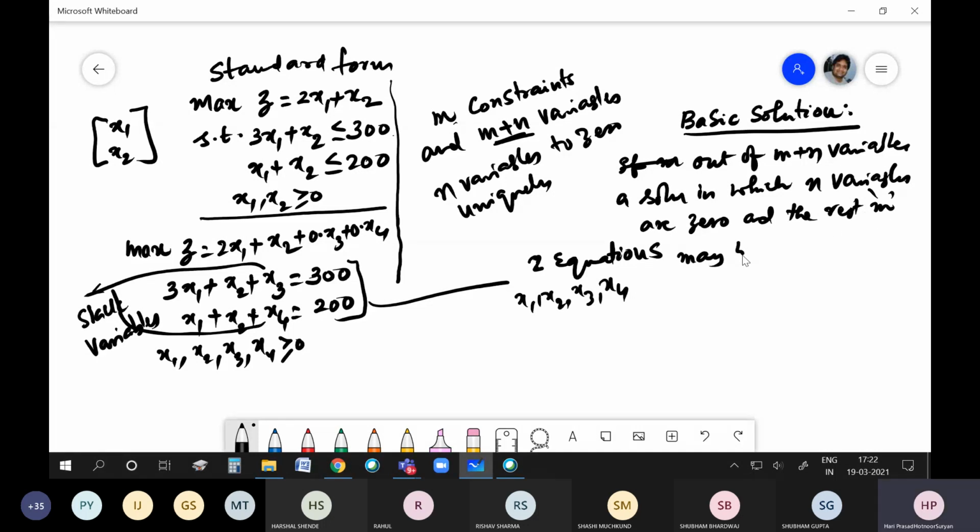Even those may be 0, but we will see what happens if one of these m variables also becomes 0, and what type of solution that is. This is what we call a basic solution.